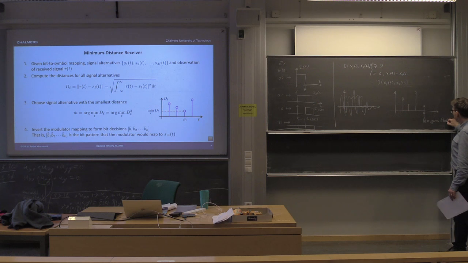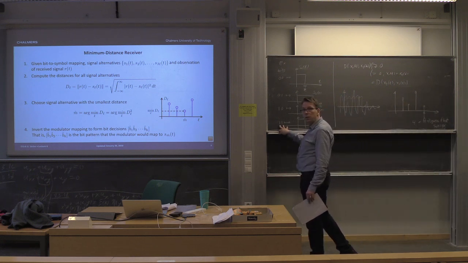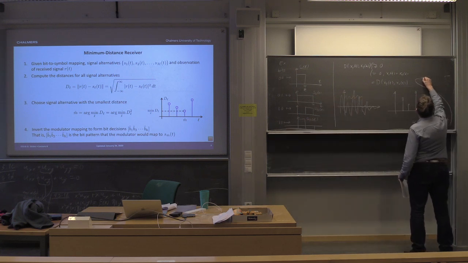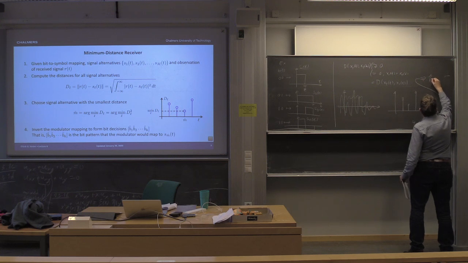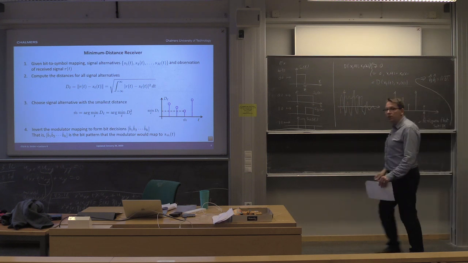In this case, m hat is equal to 4. If we pick m hat equal to 4, that is the same thing as saying that we guess that S4 was transmitted. And if S4 was transmitted, our guess on the bits is 1, 1.